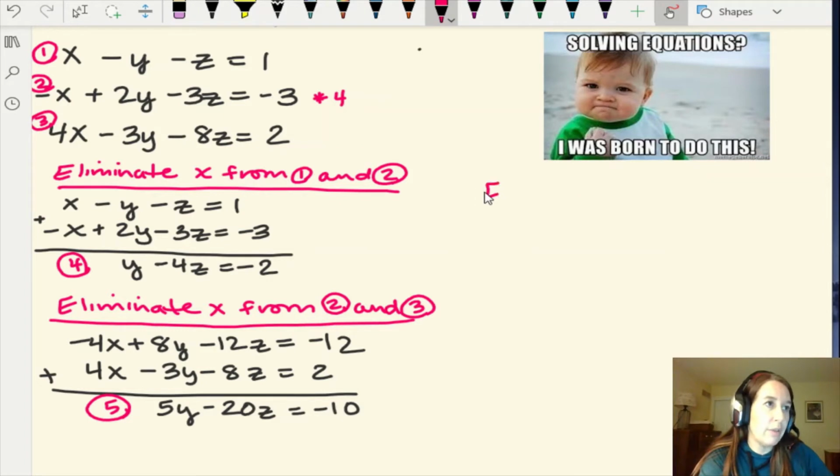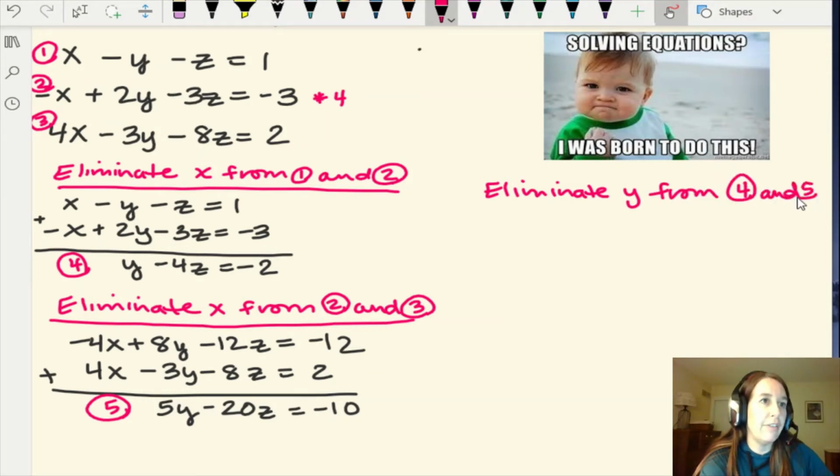So now we're going to eliminate, well, let's see, we have y or z. I personally think y looks easier because we have a y by itself and then a 5y. So let's eliminate y, and let's do it from equations 4 and 5.